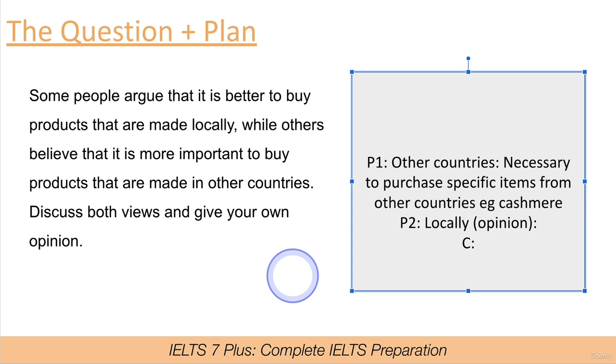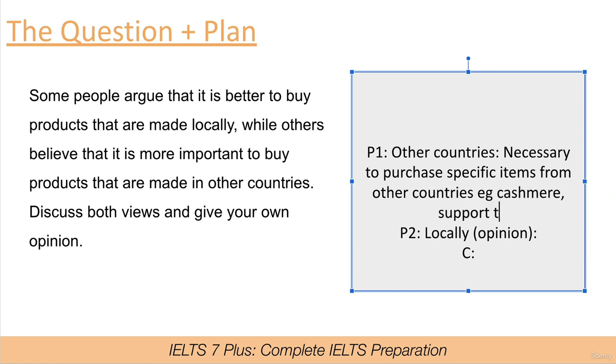So we get to benefit from this because we're buying it from another country. Okay, right. So that's our main points for this one side, and then we can support that economy as well. So that's another additional point.